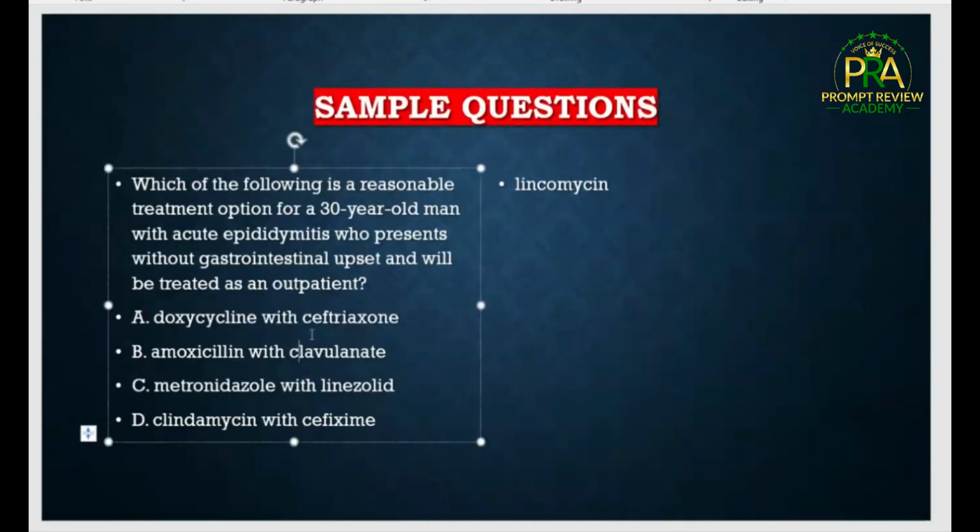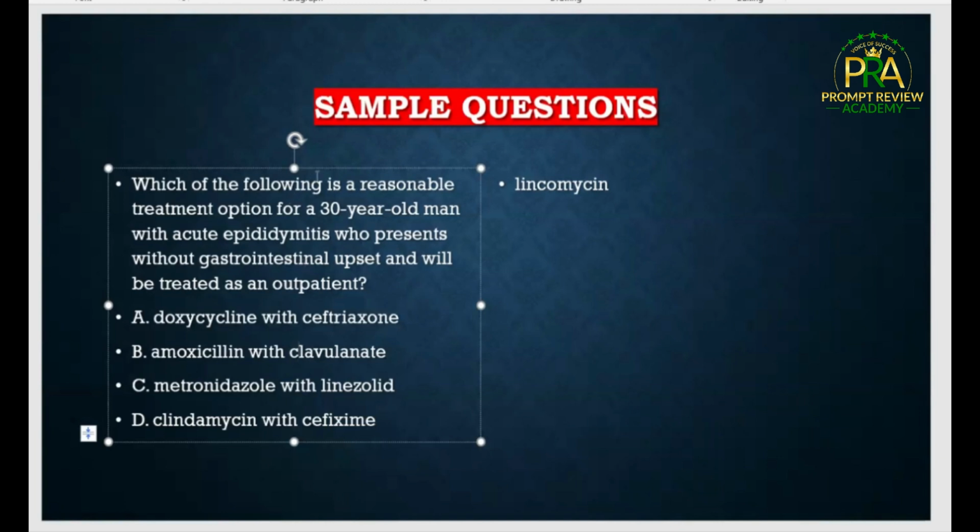So this is another question. Which of the following is a reasonable treatment option for a 30-year-old man with acute epididymitis, who presents without gastrointestinal upset and will be treated as an outpatient?